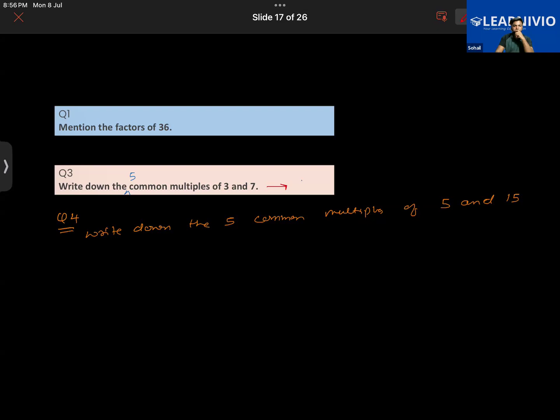We have to write only the first 5 common multiples. Exactly, only the first 5 common multiples.